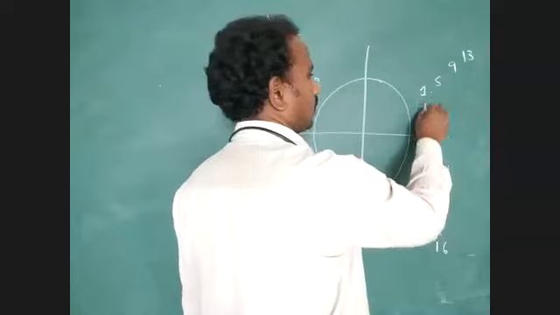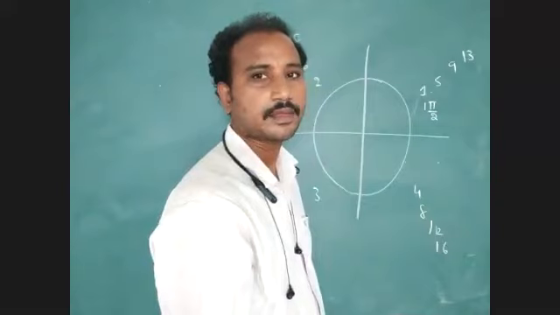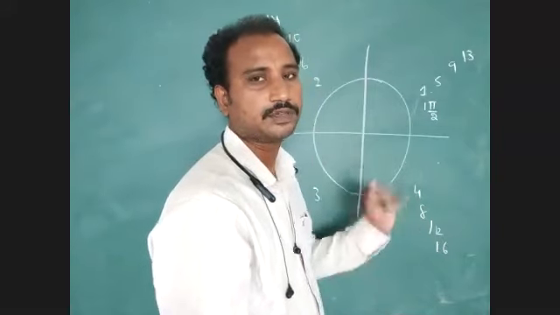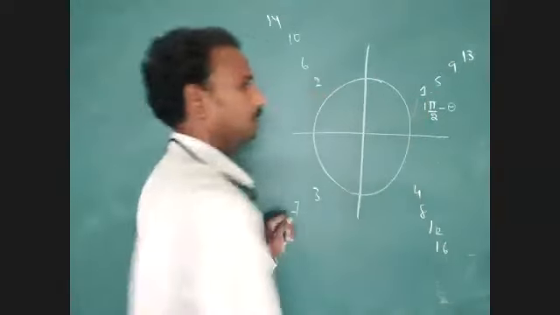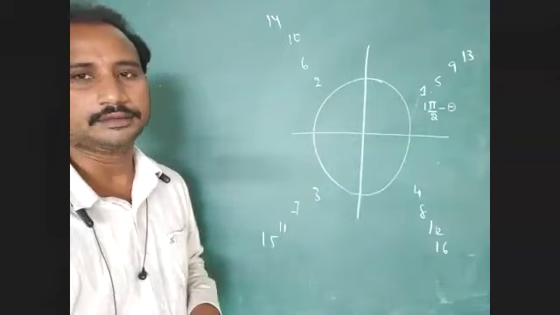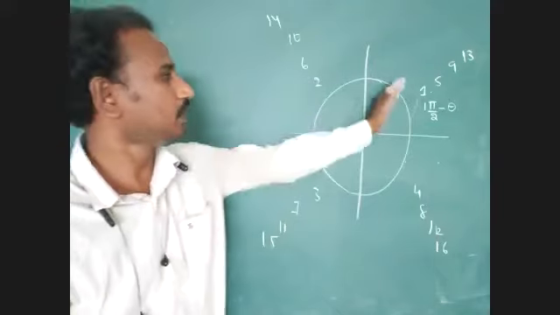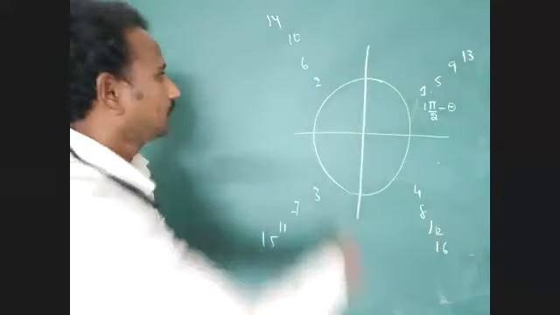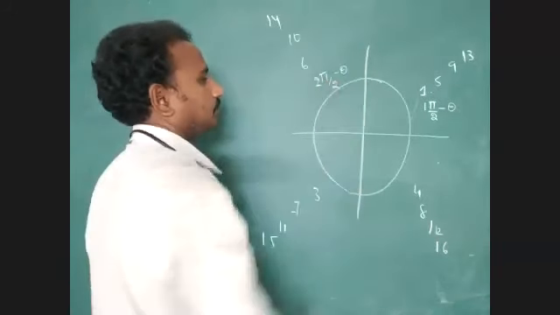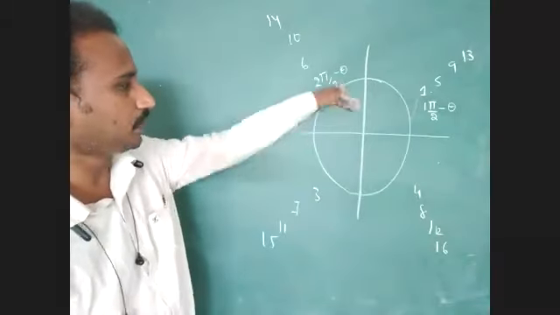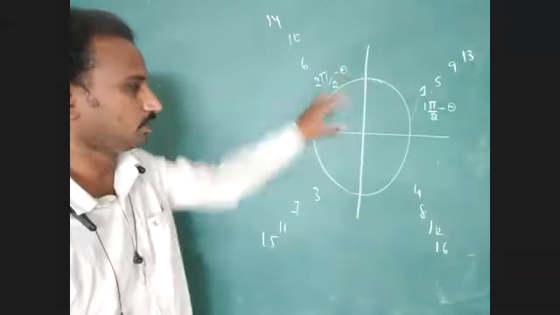1 pi by 2 minus theta, first quadrant, less than 90, belongs to the first quadrant. Here we have to identify 2 pi by 2 minus theta: it belongs to 180, the second quadrant.